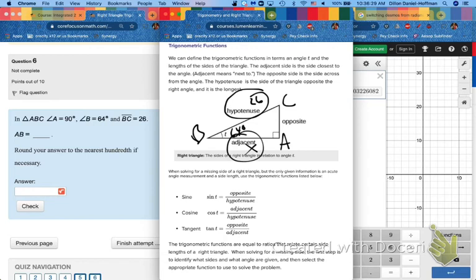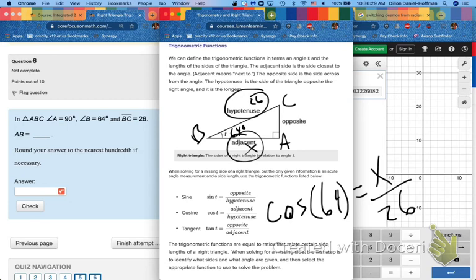Kind of a cool symmetry. The cosine of 64 is adjacent over hypotenuse, so x over 26. X is on top, so we're not going to divide, we're going to multiply. So my final problem, I'm going to type in 26 times the cosine of 64, or just 26 cosine of 64.